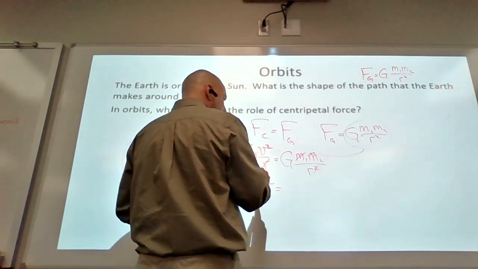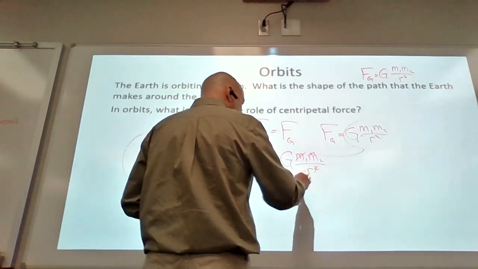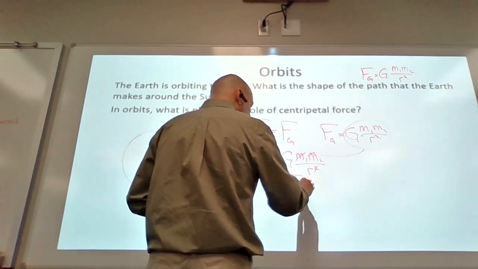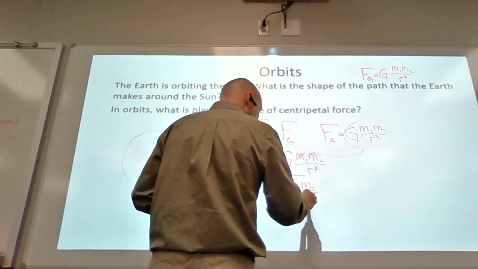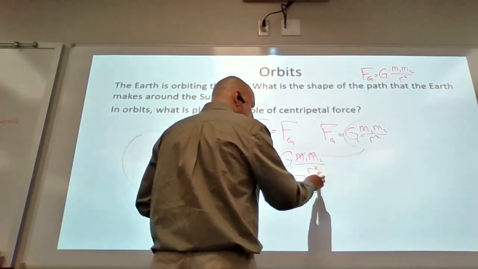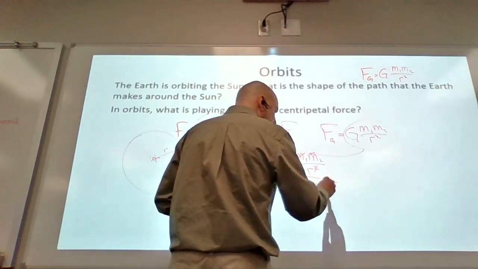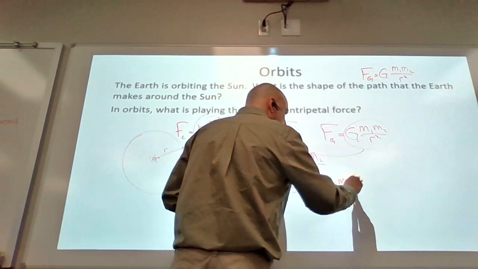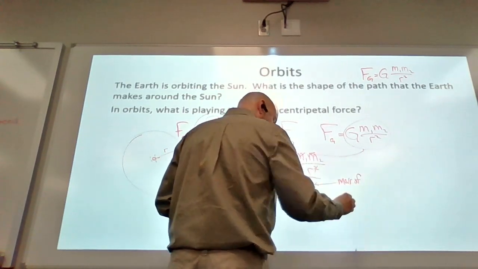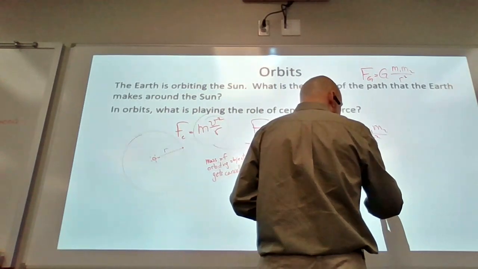Okay. And so what you're left with, we got the speed squared. I'm going to bring that over. And what's left is the mass of the center object.